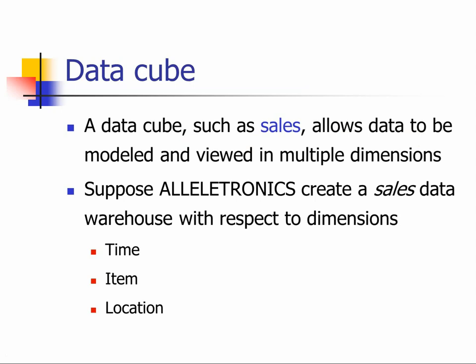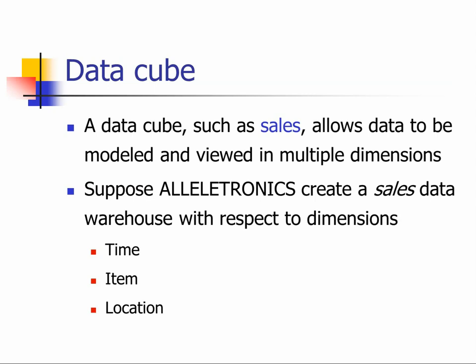Let's look into a three-dimensional data cube. Again, we are like managers at AllElectronics, and we want to create a sales data warehouse with the following three dimensions: the time dimension, the item dimension, and the location dimension.